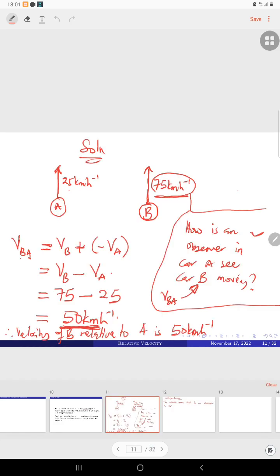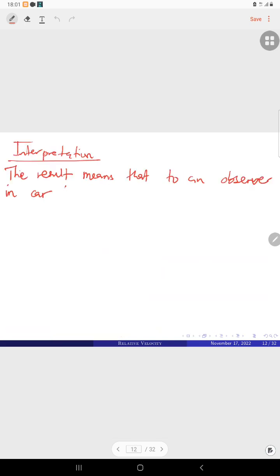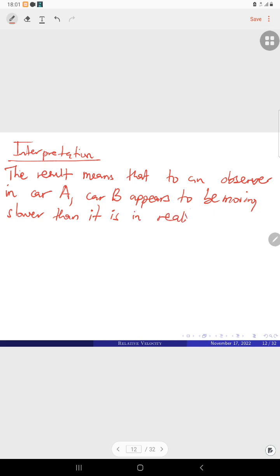The result means that to an observer in car A, car B appears to be moving slower than it is in reality. That is the meaning. That's all.